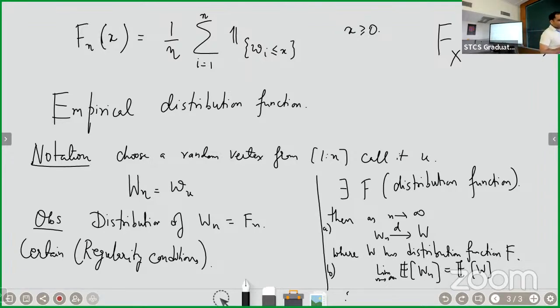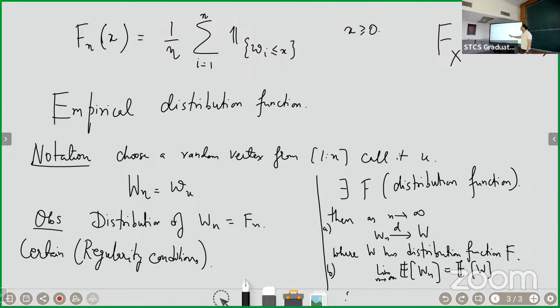So in the differential attachment model, I have a particular F in mind. So I should be able to reverse this process. Is it clear what is going on? I'm asking if there exists an F for which F_n(x) converges to F as n goes to infinity.